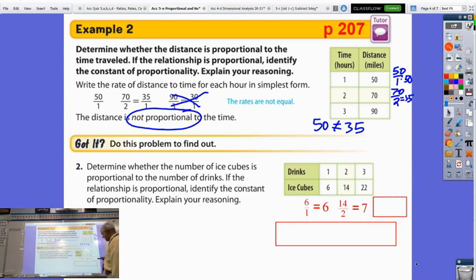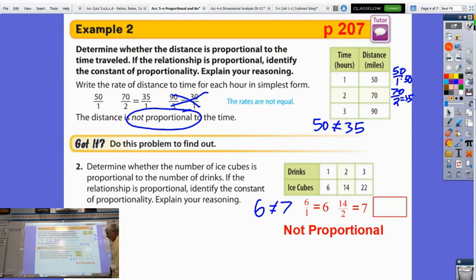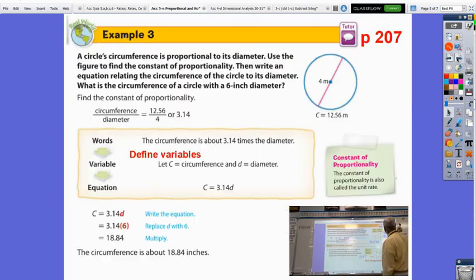These are not equal. That's why under this box I didn't even write anything. I just put it there so it wouldn't look like it was obvious from the beginning. So these are not equal, right? 6 does not equal 7. Depending on how many drinks you have, you get a different quantity of ice cubes per drink. Therefore, this relationship is not proportional.